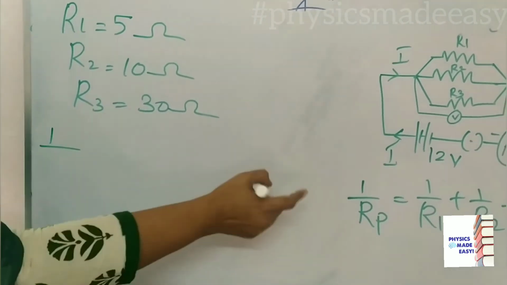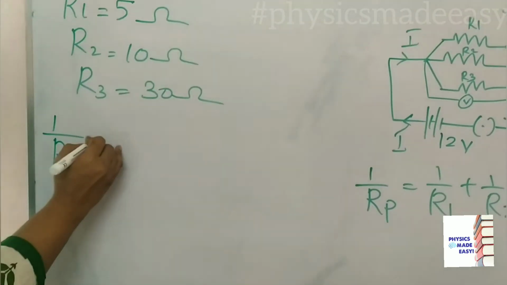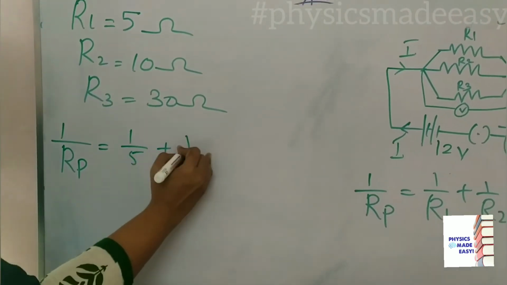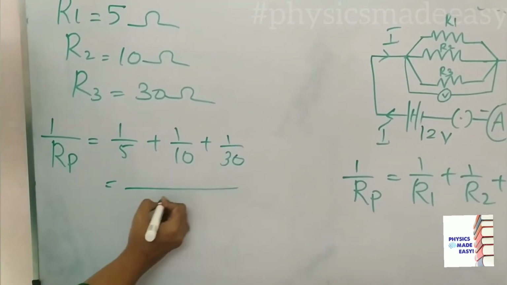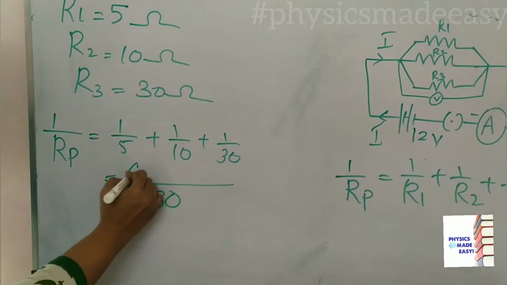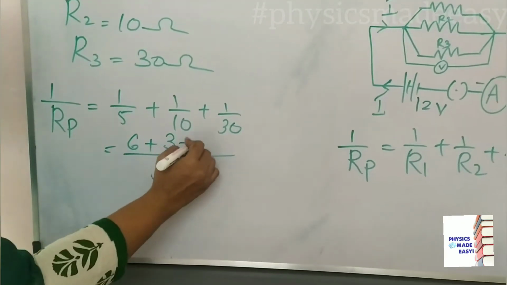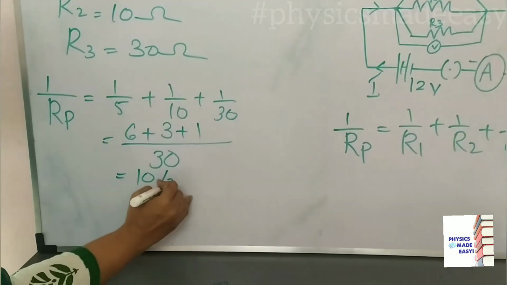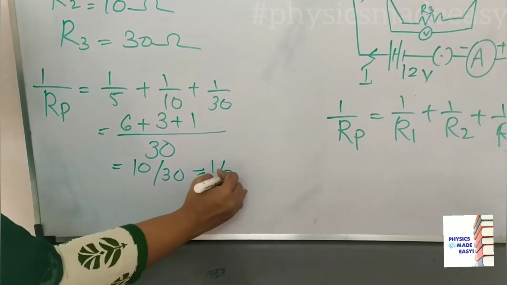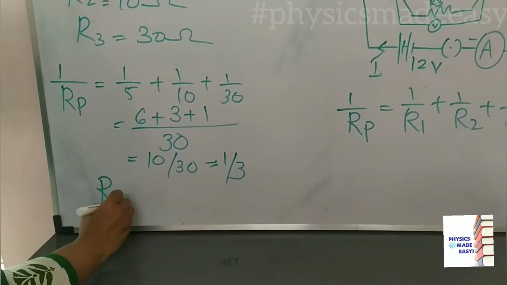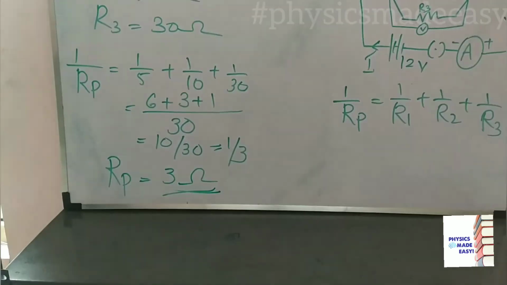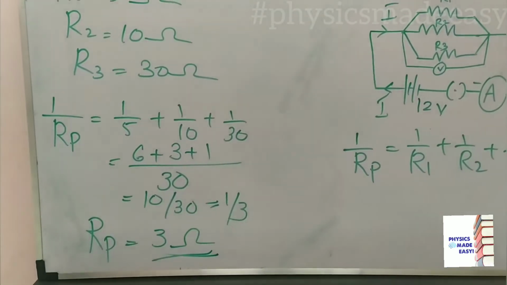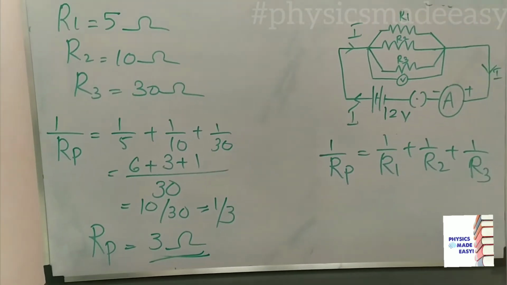Then by using this equation, 1 by Rp is equal to 1 by 5 plus 1 by 10 plus 1 by 30. This we can write LCM 30, 6 plus 3 plus 1. Then 10 divided by 30, you will get this as 1 by 3. So, by using this equation also, you can get this as 3 ohm. That is the effective resistance. Any of these two methods you can use.